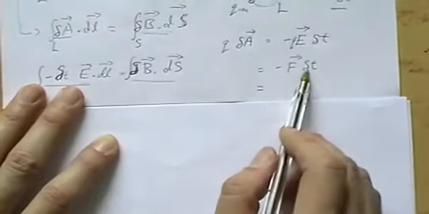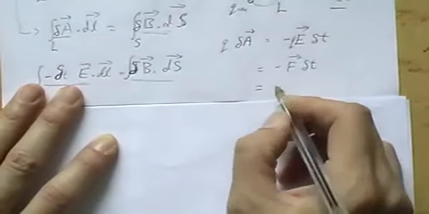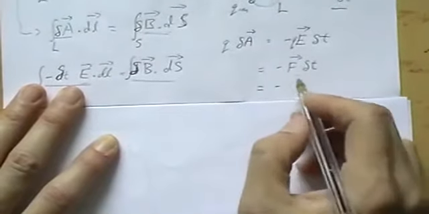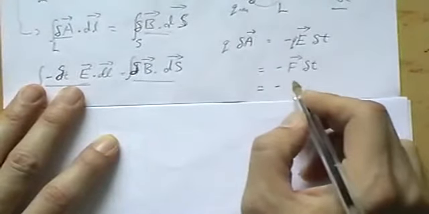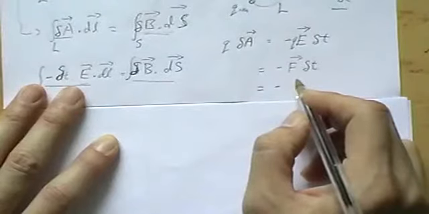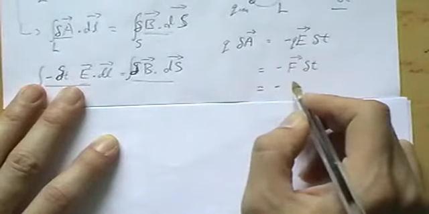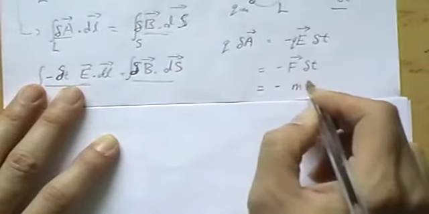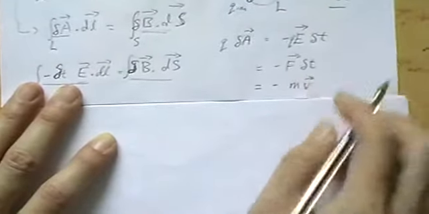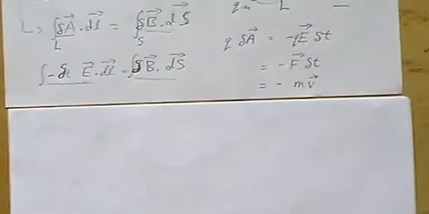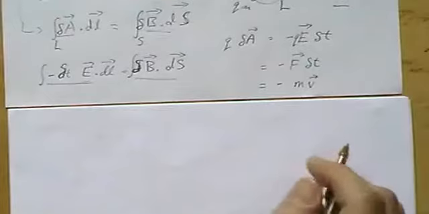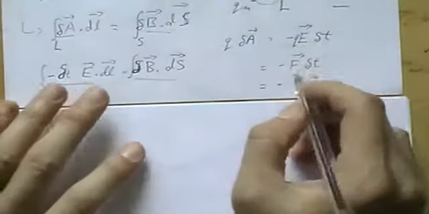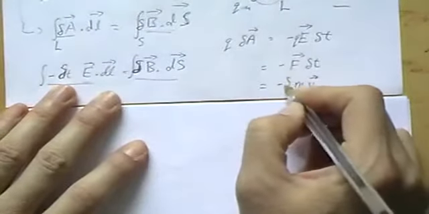Force times time is the impulse, and according to Newton's second law, the impulse on a particle is equal to the change in momentum of the particle. Okay, that's a change in the momentum.